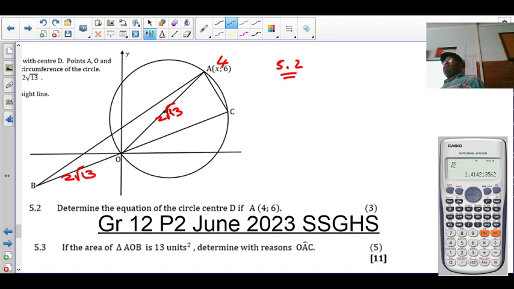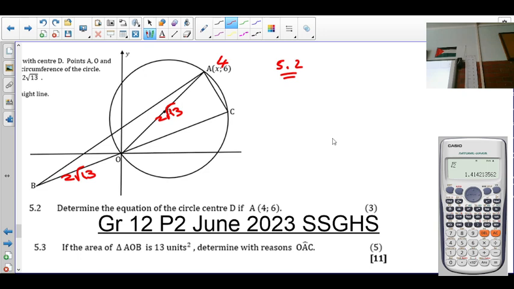Use the value given. Because if you don't use the value given here, you can't get positive marking, as you're not using the information given.